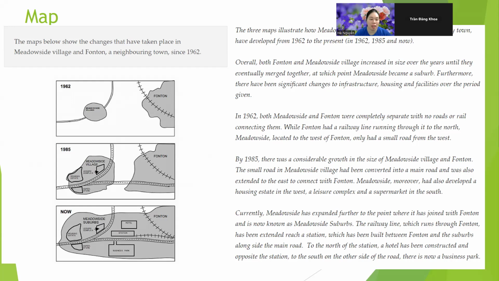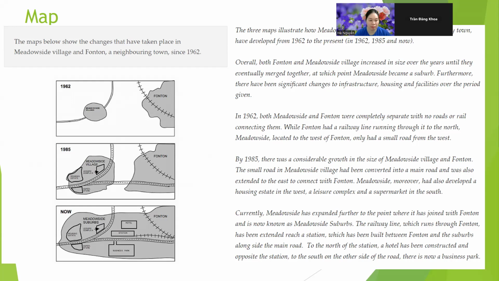Well, the fountain in Meadowside Village has roads connected to each other. Yes. And the Meadowside Village is big. Both the village and the town are bigger.